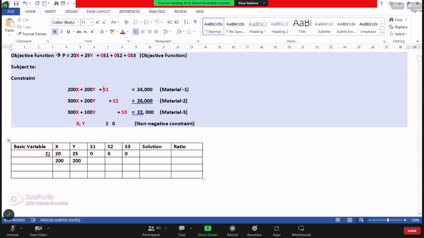Here S1 takes the value 1. The first equation is so, for any other value, therefore it's 0.